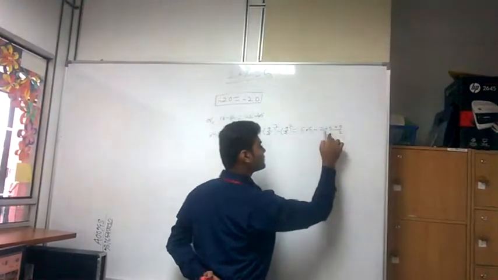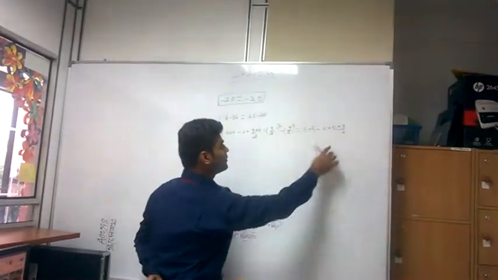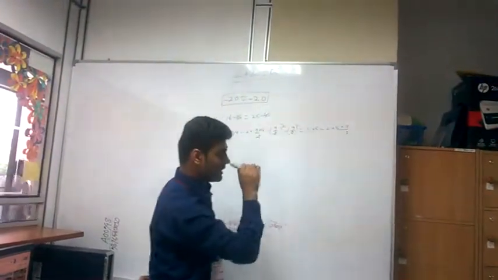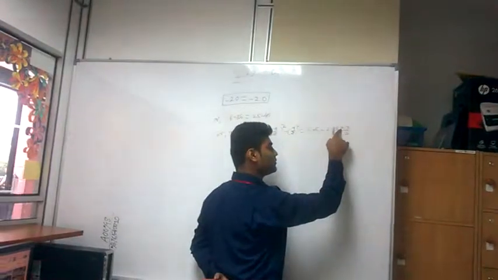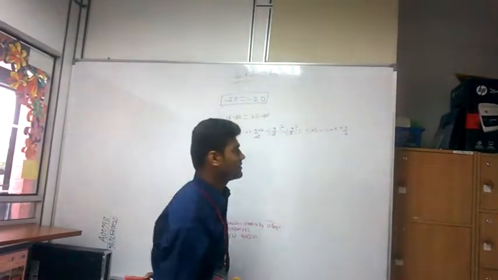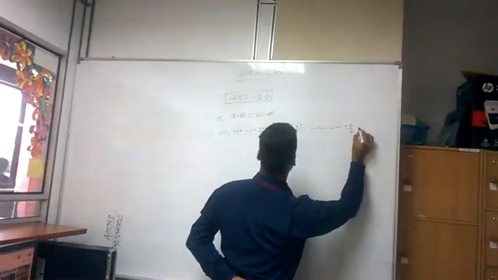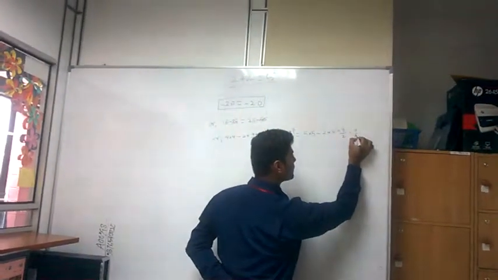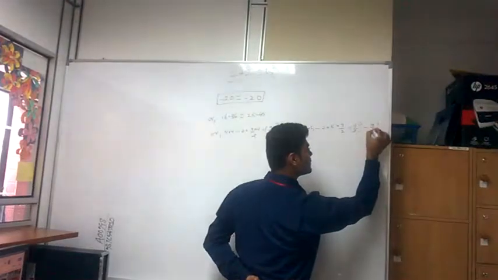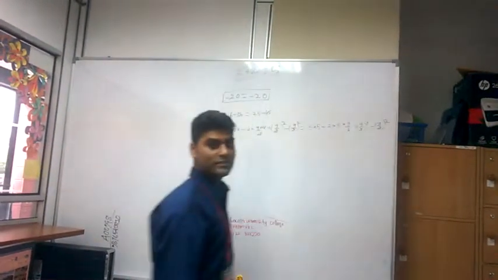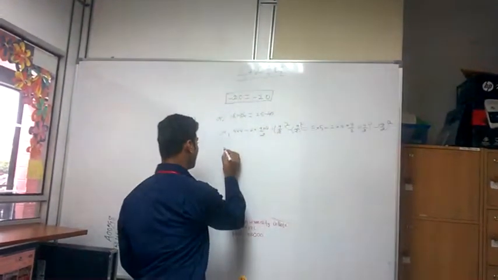See, first 5 into 9, 45. 2 cancels. Minus 45 is okay. But when we put 2 here, of course I have to divide it by 2. So that is balanced. Now again I put here plus 9 by 2 whole square, and again I have to put minus 9 by 2 whole square to balance it. Is it okay? Okay. Now we move forward.